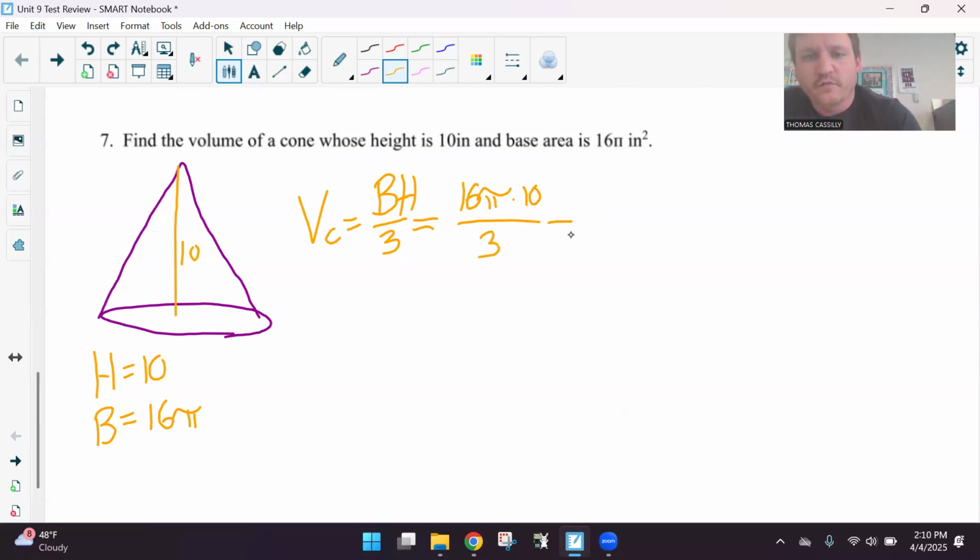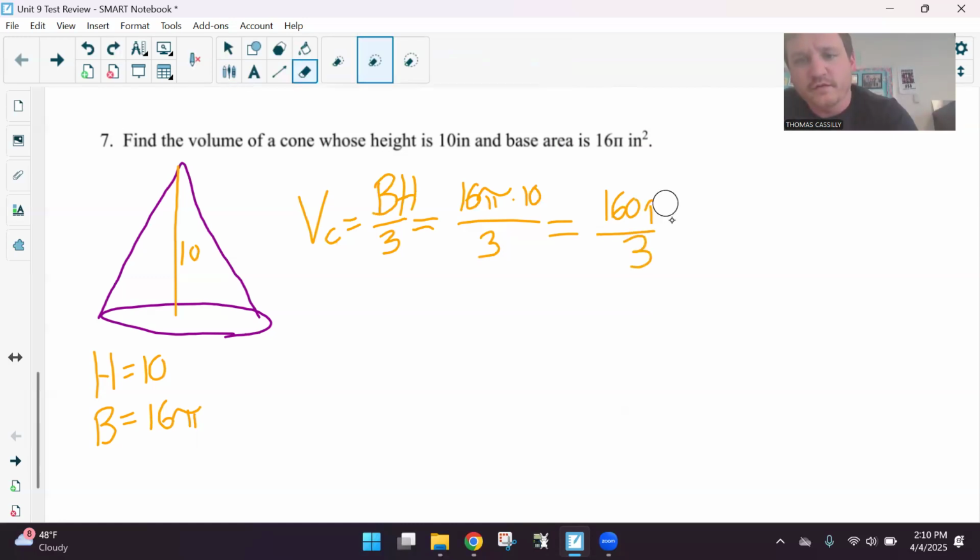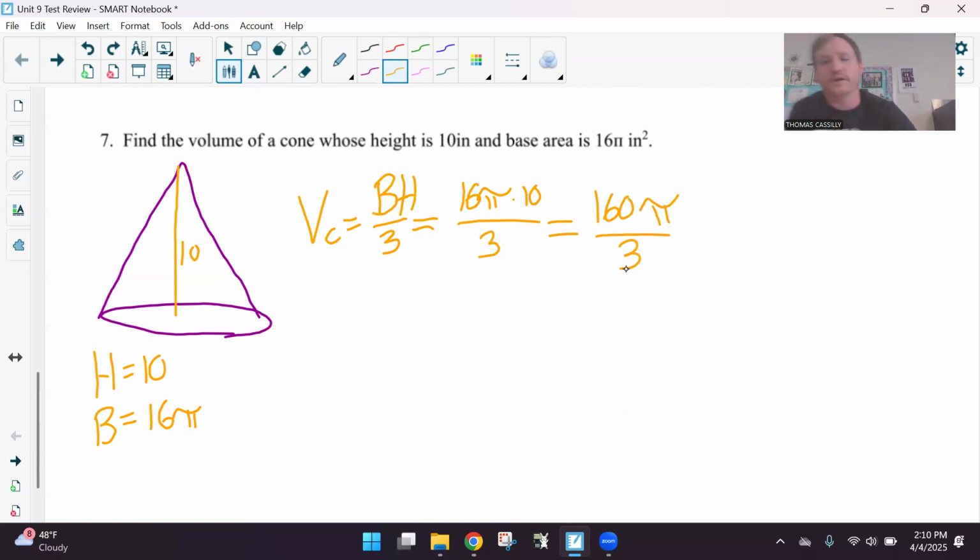So that gives us 160 pi over 3. Type that in your calculator. That's 167.55.